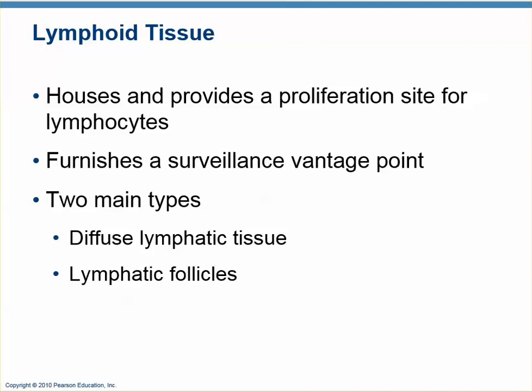There are two types of lymphoid tissue. There's diffuse lymphatic tissue, which is found diffusely. It's found just about everywhere. And then there are collections of lymphoid tissue that are found in discrete little groups, and those are called lymphatic follicles.